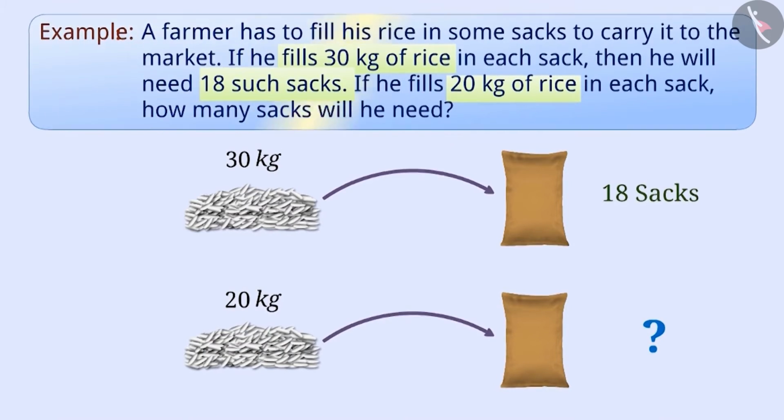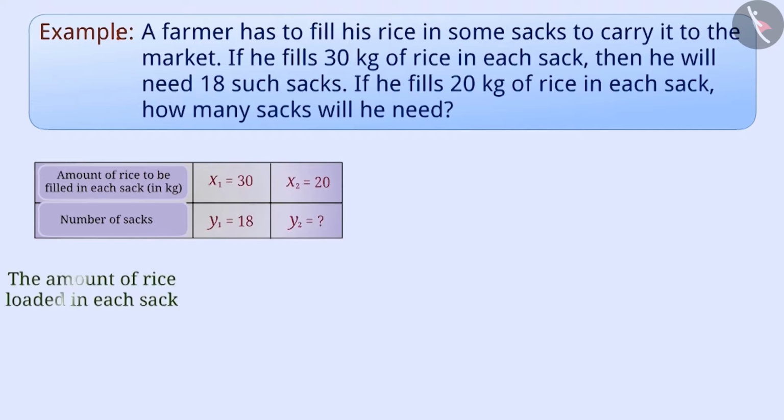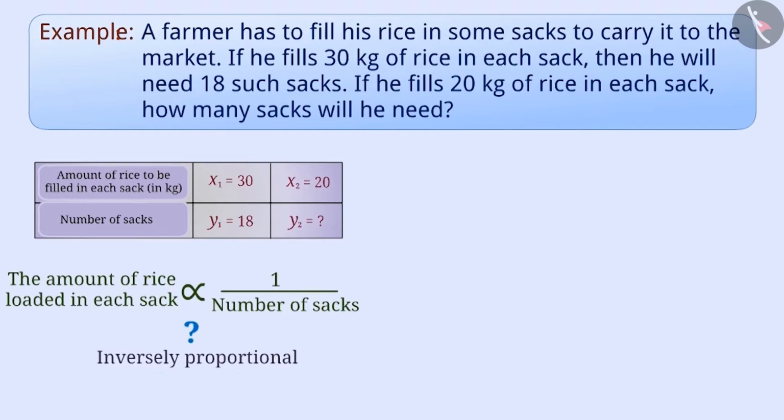We can represent the given information in a table like this, where the variable Y2 represents the number of sacks. Can you tell whether the quantity of rice filled in each sack and the number of sacks are inversely proportional to each other? Think for a while.